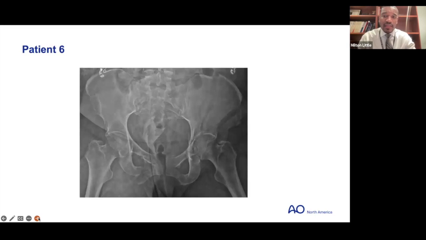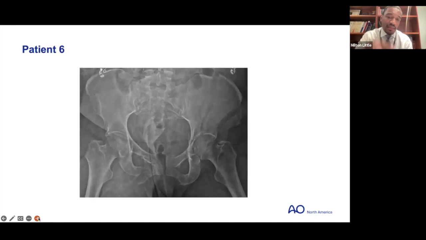Yes. All right. So the next case, we're looking at our AP view. The things that stand out for me: there definitely is involvement in my iliopectineal line. There is involvement in my ilioischial line, but it's not a lot of displacement there.